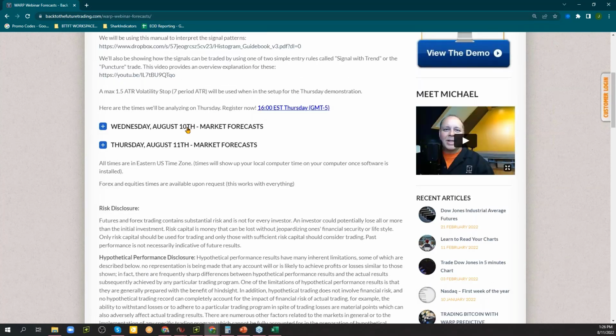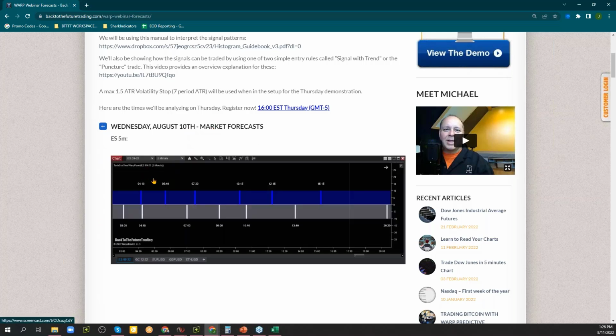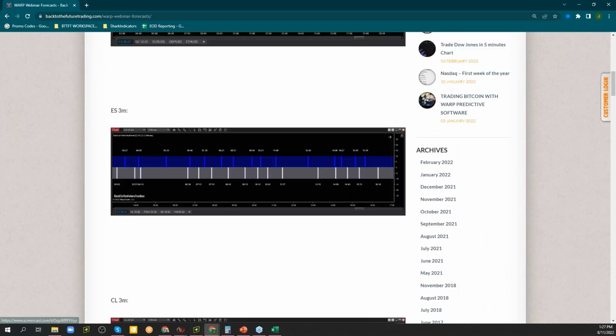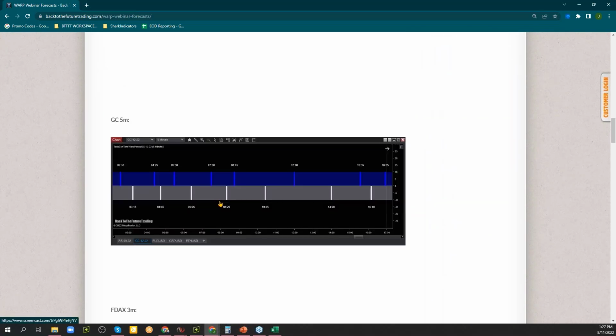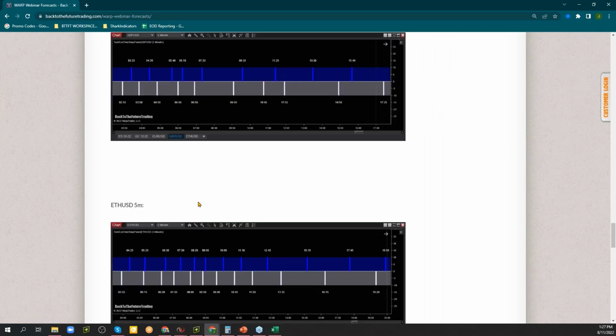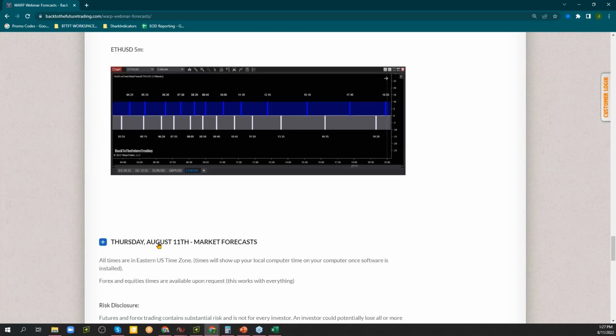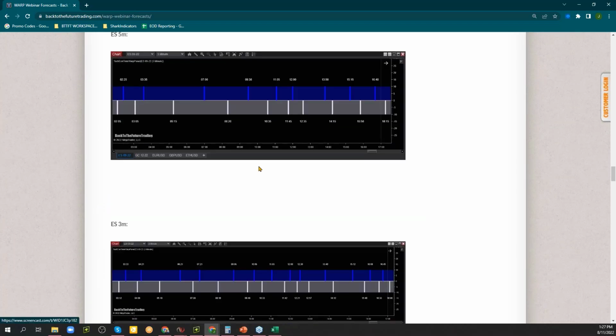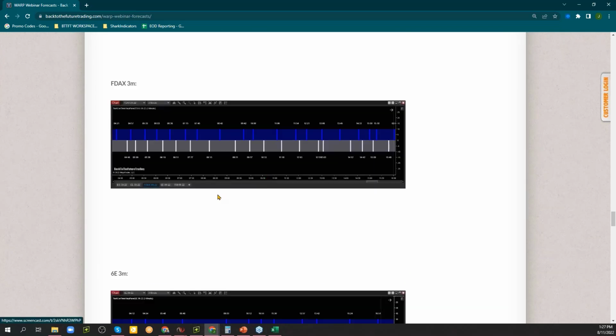So every Tuesday, Michael's system sends out the forecasted swing points for all day Wednesday and all day Thursday on all of these markets. So you get an email with all of these times for the ES, crude, a few different time frames, FDAX, Dow, NASDAQ, Euro USD, 5 minutes, a few different time frames, and all of these times for Thursday. ES5, same thing. No other company that I know of does that.